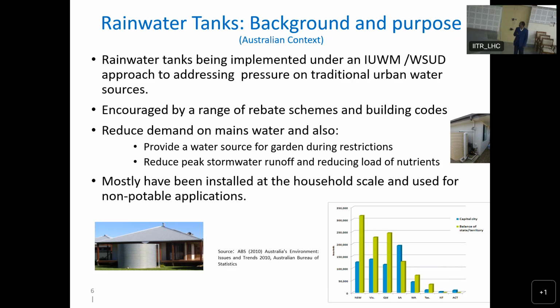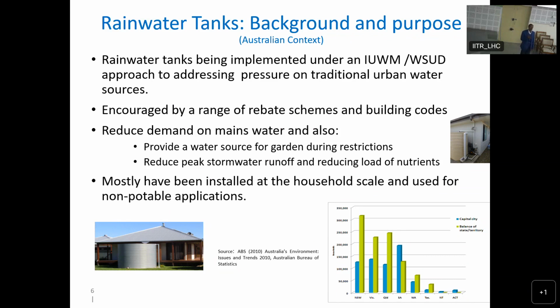The water mostly stored at the household scale is for non-potable application. So mostly in a household scale, meaning different remote areas wherever the houses are there, they can use this, and the water stored in the tank is not potable, means not for drinking purpose.